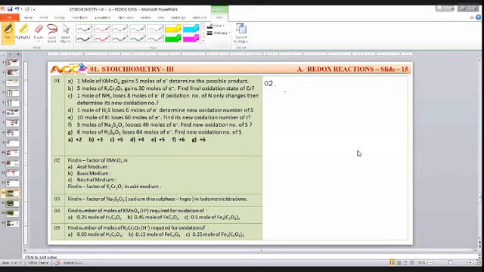Remember, KMnO4 is a very well known, very strong oxidizing agent. The advantage of KMnO4 is that it will function as an oxidizing agent in all three media: acidic medium, basic medium, and also neutral medium.